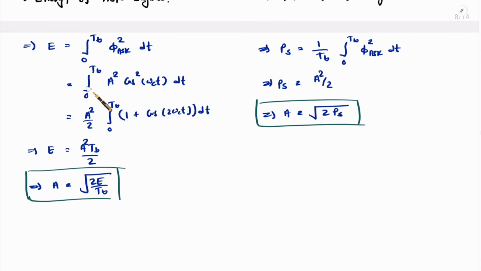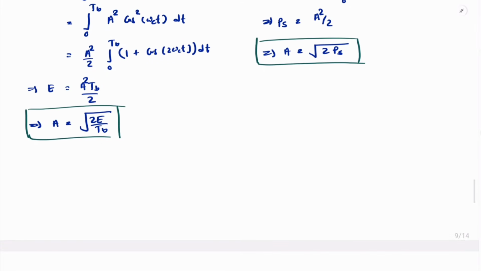Integration as per the explanation which I have given. Let me mention so that you can understand that. See, if you talk about energy, then that is integration from 0 to TB, A square cos square omega ct dt, right? Now here, integration from 0 to TB, what is A in terms of energy?